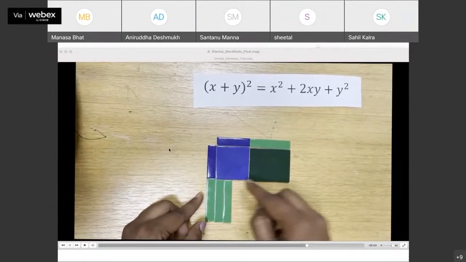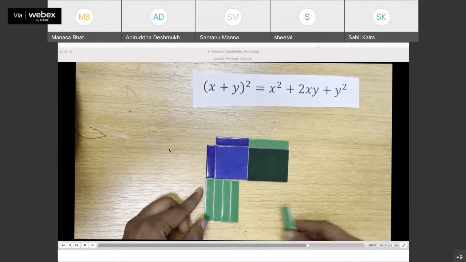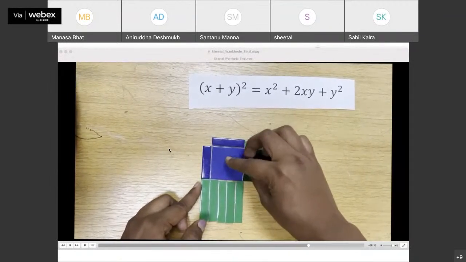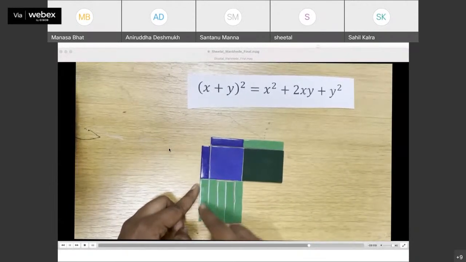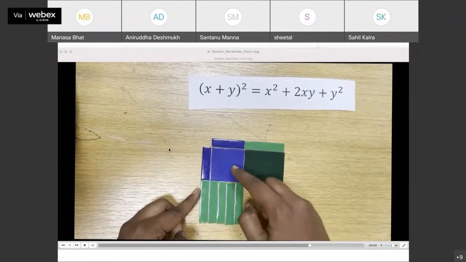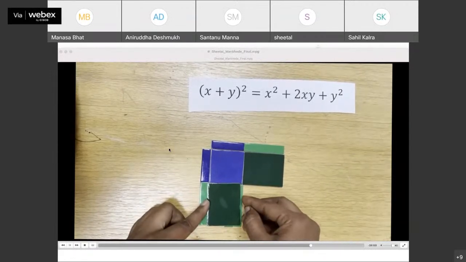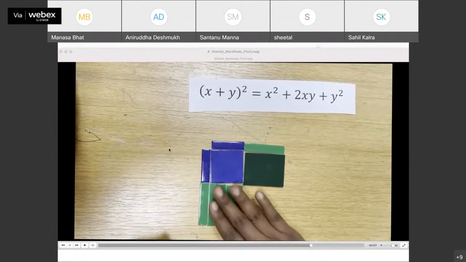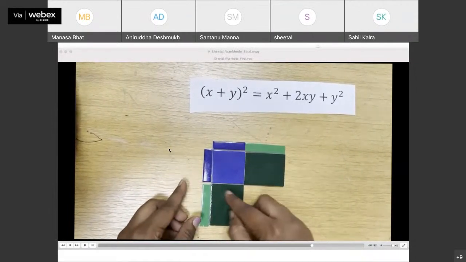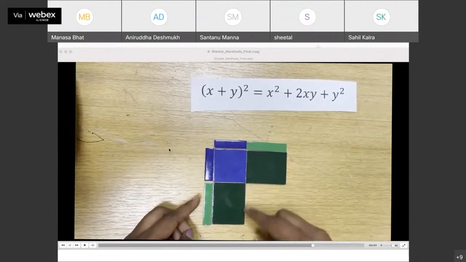And this side is your... so if you see this side is your x and this side is your y. So this gives you the rectangle of area xy with one side x and one side y. Again, we replace this with these xy tiles. One length is x, one length is y. Now this length is your y.